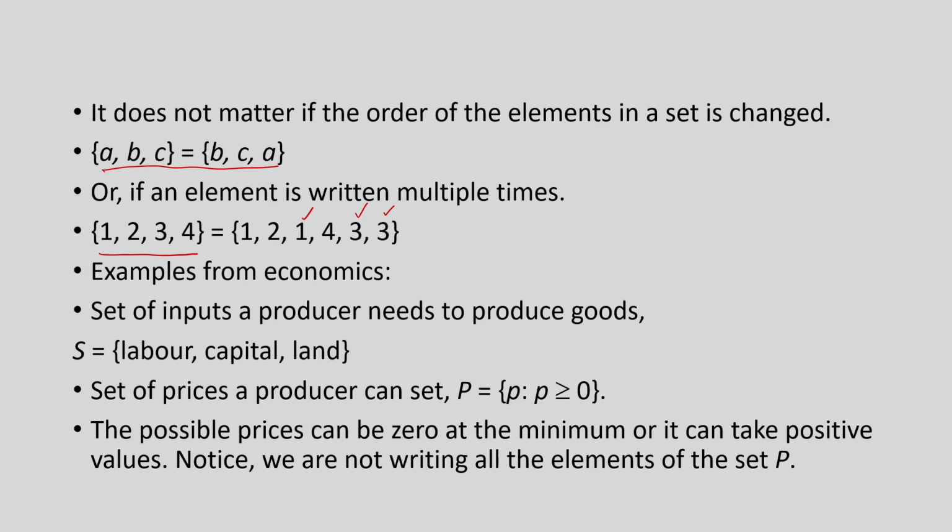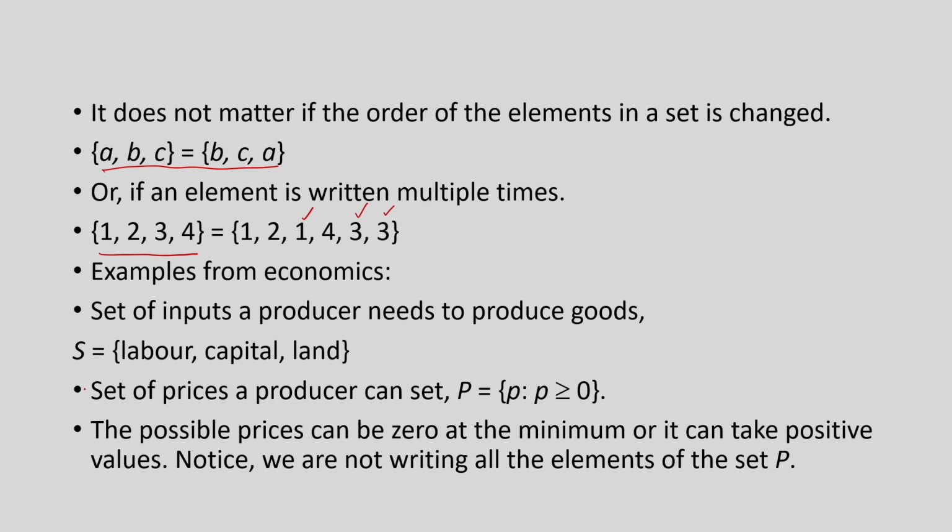As any elementary student of economics will find out, these 3 inputs are generally mentioned as the most critical inputs, and sometimes we also include entrepreneurship as the 4th important input. But these are the 3 most basic inputs: labor, capital and land. So, these 3 elements form a set, and that set is capital S.